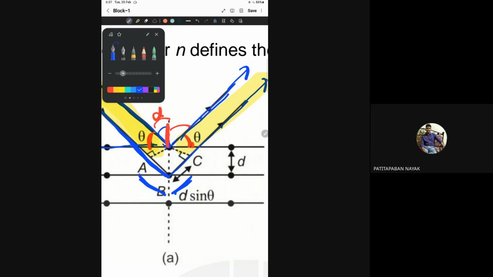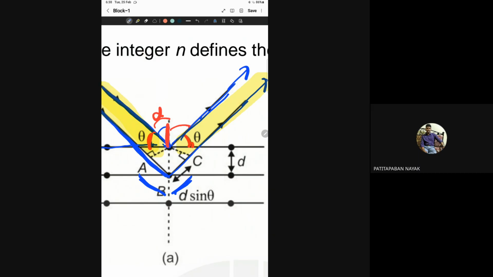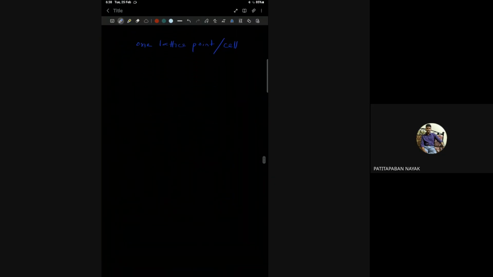Let me draw on my board, then maybe it will be more clear. Let's say I have two planes like this, and I have a normal. I have one ray coming like this and gets reflected.